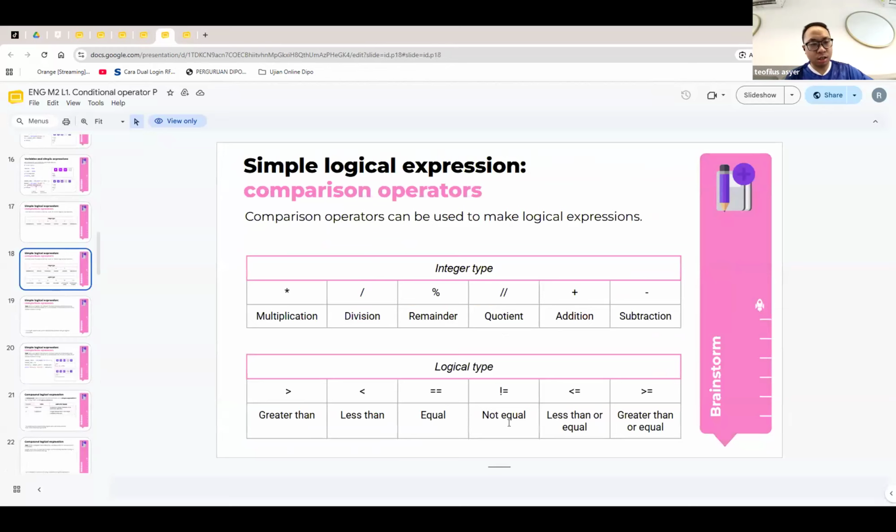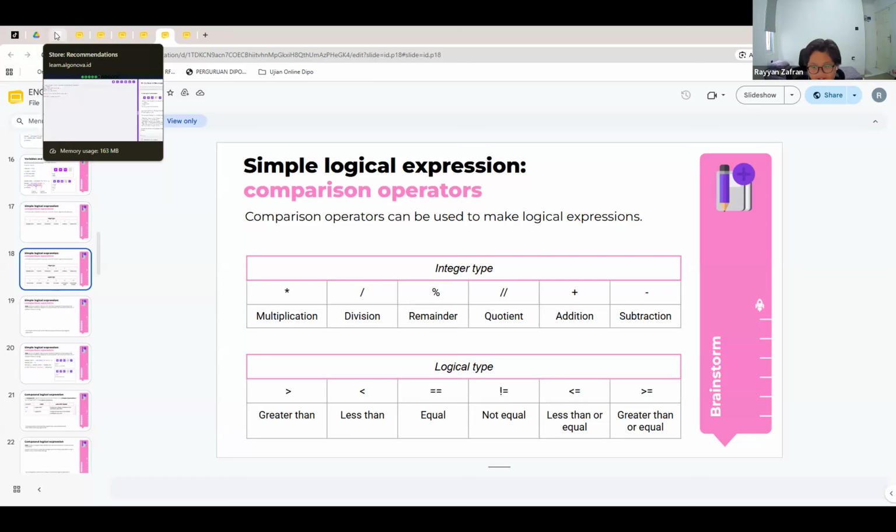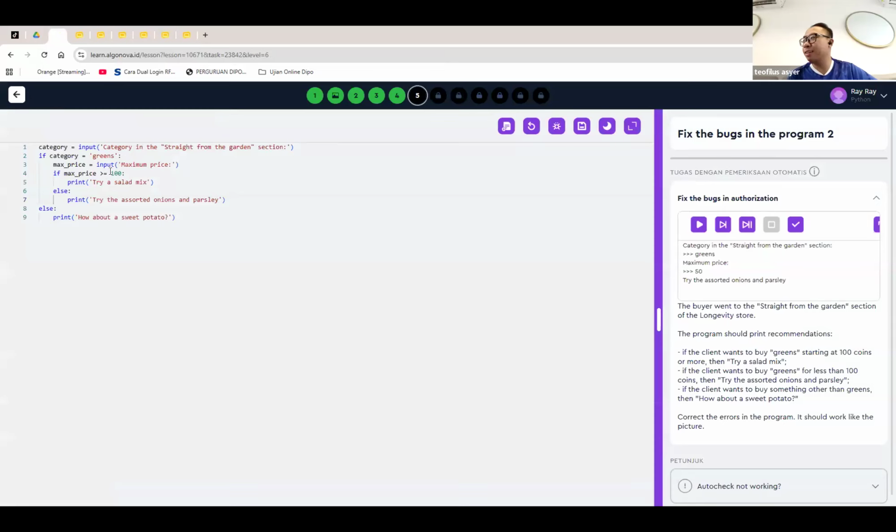I think that's the slides from yesterday, right? Yeah, I was looking for the logical type. Oh, okay.